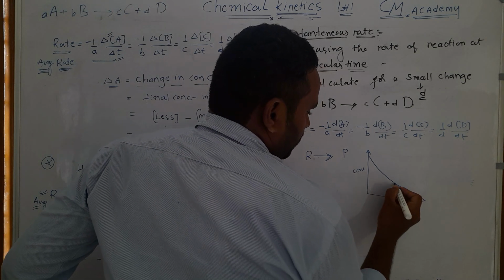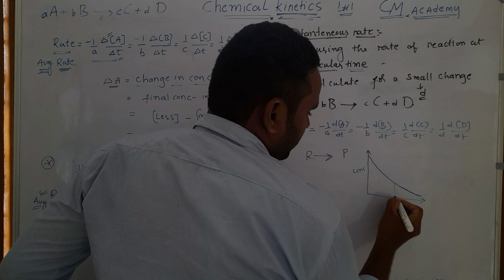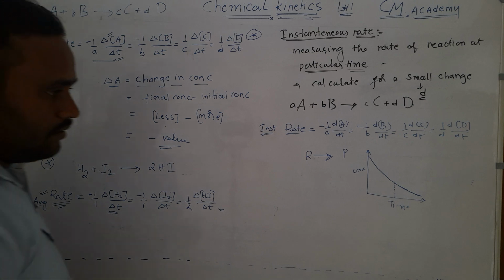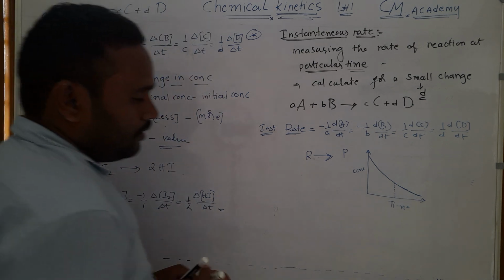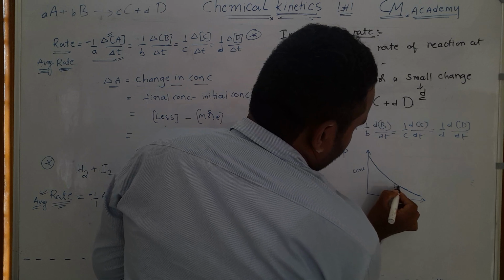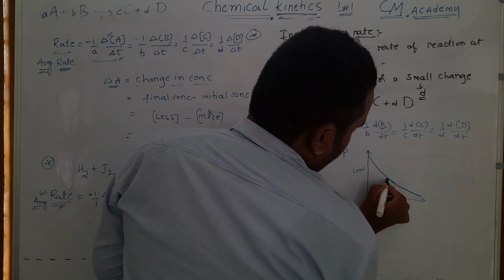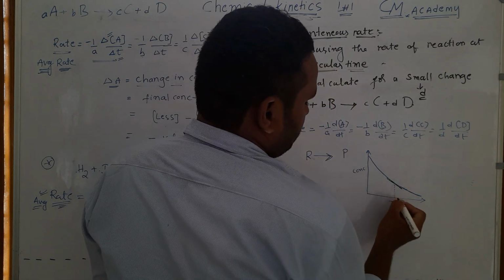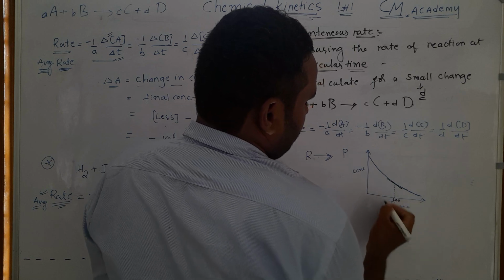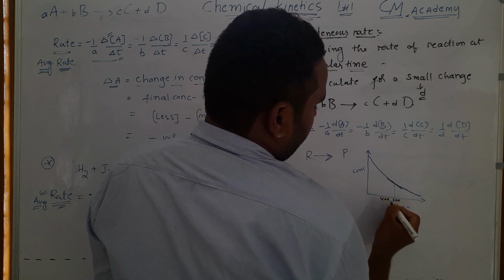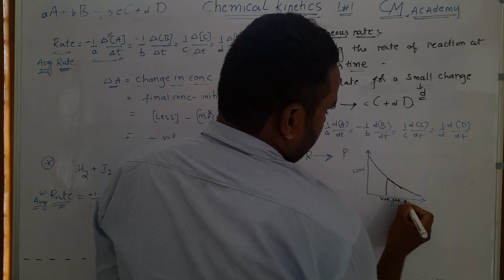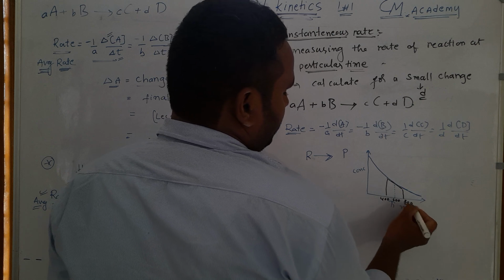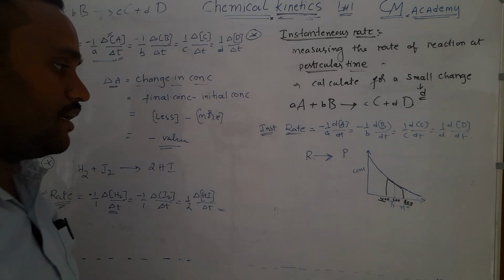So if you want to calculate the rate of reaction at this particular instant, we draw a tangent which touches that point, and we extrapolate equally at the same distances. For example, we want to calculate the rate at 600 seconds, so we extrapolate to 400 seconds and 800 seconds, so that delta t, 800 minus 400, will become 600.